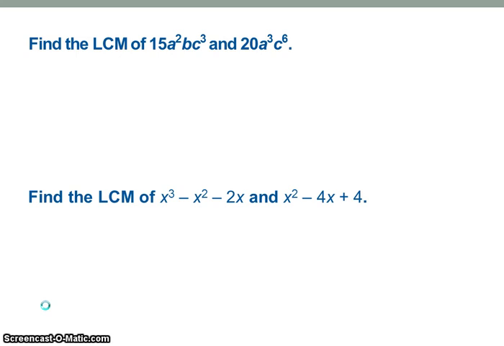So, what I mean by that, let's break down each of these, 15a squared, b, c to the third, and 20a cubed, c to the sixth, by each of its parts. So we have a number, and it looks like we're going to have a, b, and c.